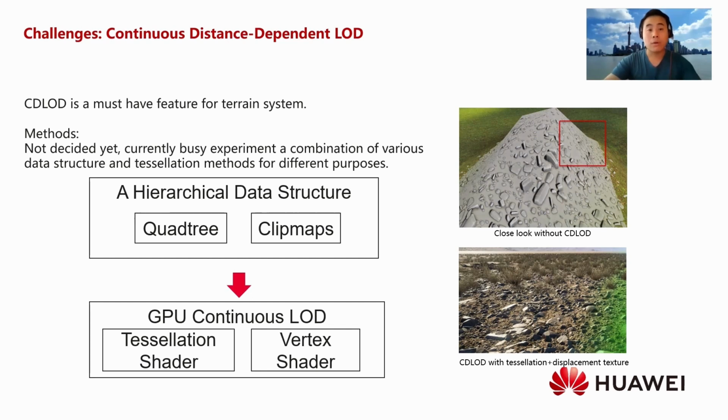While the hierarchical data structure offers a high-level LOD control, the GPU nowadays is capable of providing a finer level of adaptive LOD. Tessellation shader is an ideal shader for terrain detail rendering since it came out with DirectX 11.